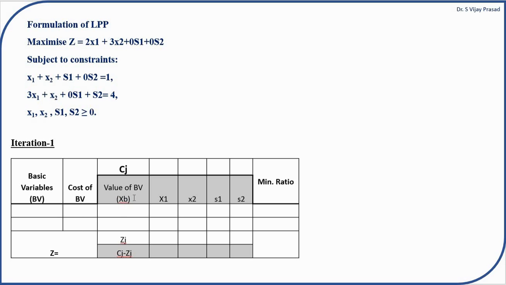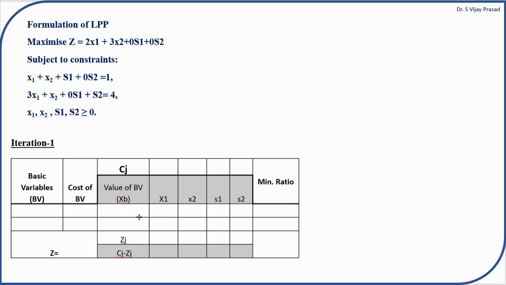This is the value of BV. Value of BV means at the end of the table, the solution of these variables is going to be here. In the first iteration, on the right hand side column vector we are going to write down 1, 1 and 4, from the equations.